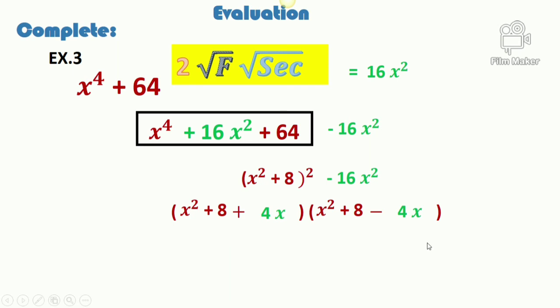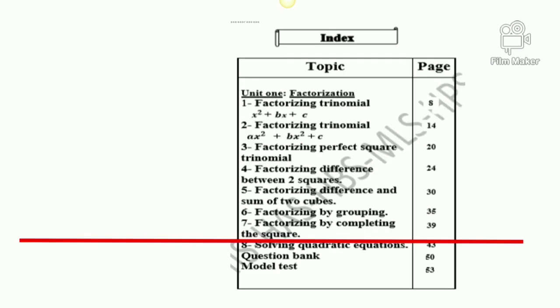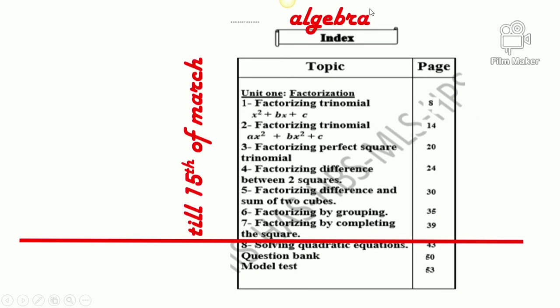Okay, we finished our lesson today. Please do your homework about completing the square, but I wanted to show you something here. Here is our algebraic curriculum for this term till the 15th of March. We reached the end of our curriculum for this term, factorizing by completing the square.